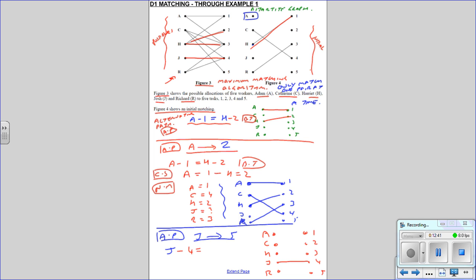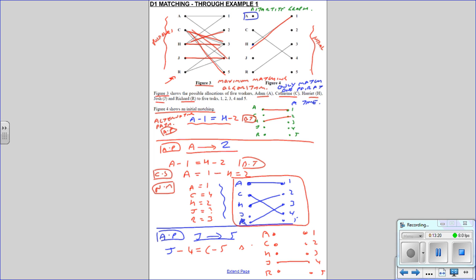So J is to 4. But 4 was allocated to C. So therefore, C now has to move. You see? Because we're working off this one now, aren't we? So C, what can C do? C can do 3, 4, or 5. And if that's the case, and we know that 5 is missing, then we'll go from C to 5 then, and then it's sorted.